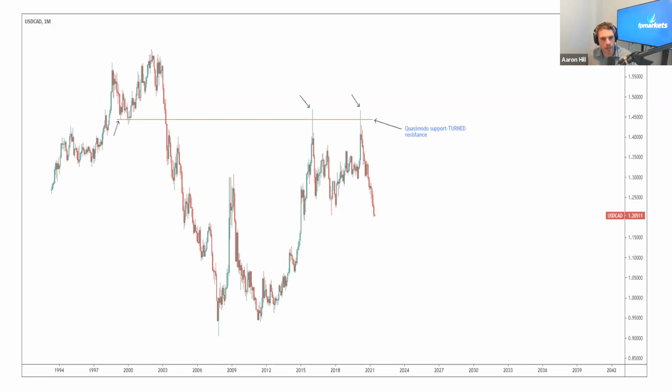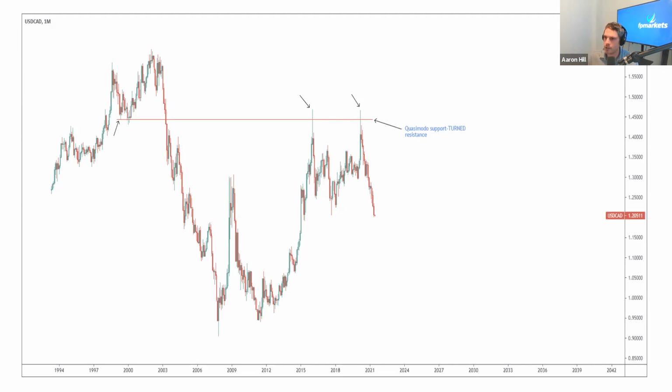Confluence with other technical tools is certainly something we can also touch on, right? The QM converging with other technical tools is something you can look at. Also, there's QM support turned resistance, which is a very important concept.